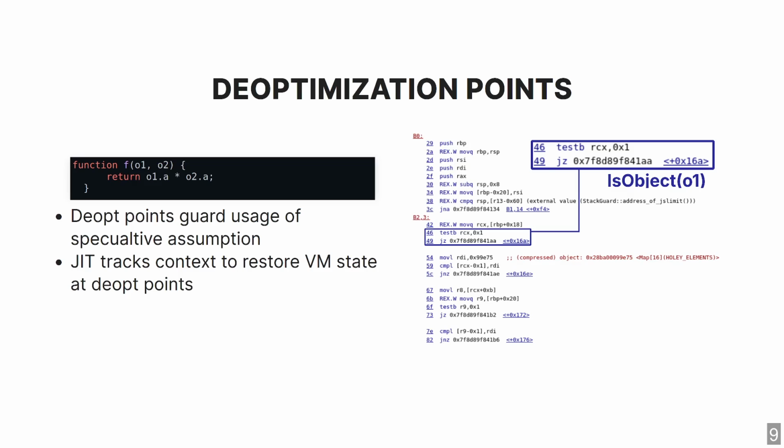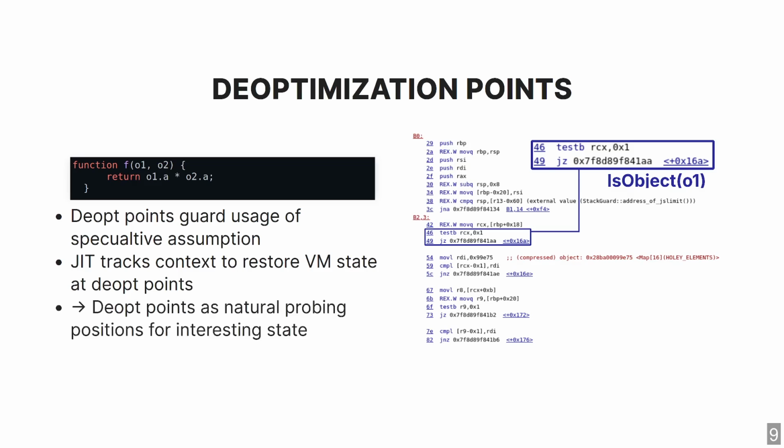Where if the check would fail, the JIT compiler tracks enough context to restore the VM state at this point of the execution and go back to unoptimized execution to continue there. So with this, the de-optimization points are a natural probing position for interesting state that we want to extract.